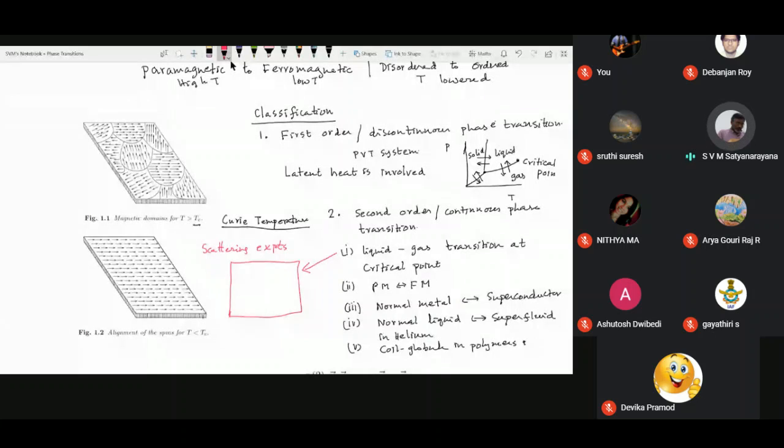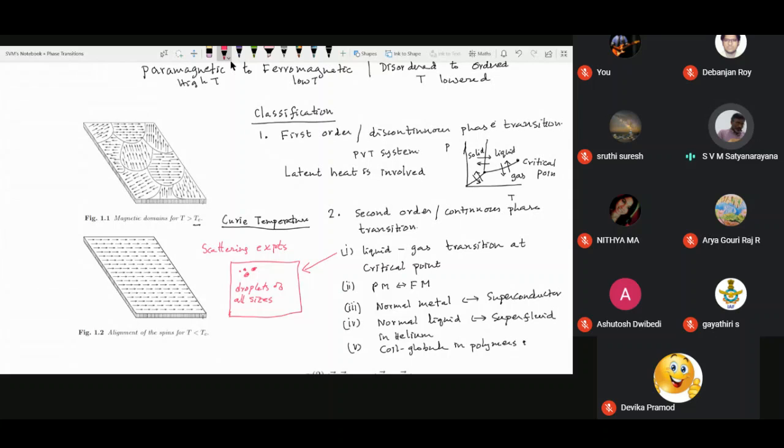Here you have small clusters of liquid and gas, then bigger ones, then droplets of all sizes. All sizes are present.